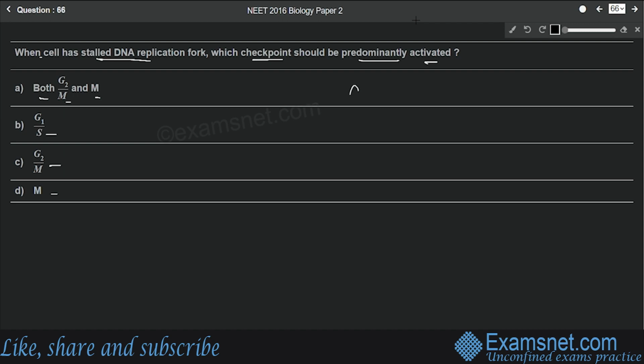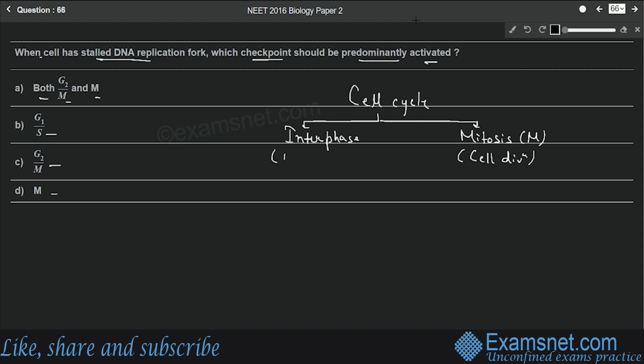So let's see. We know that the cell cycle mainly consists of an interphase and an M phase, that is the mitosis phase. During mitosis, the actual cell division takes place, whereas interphase is also known as the resting phase of the cell, and during this phase the cell prepares itself for cell division or mitosis.